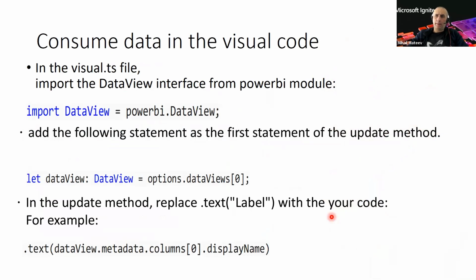And a few additional things before going to demos. You need to import a specific interface, the data view interface, in your main file for the visual. After that, you need to assign your parameters to your data view, and after that you can have different kinds of data processing in the update method.